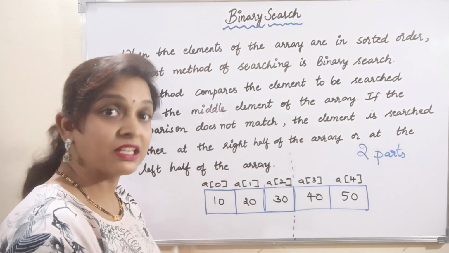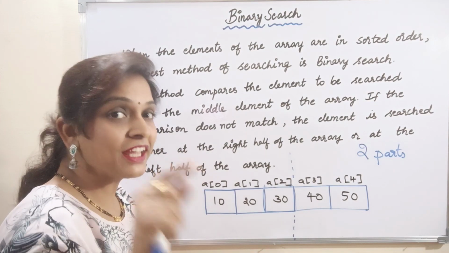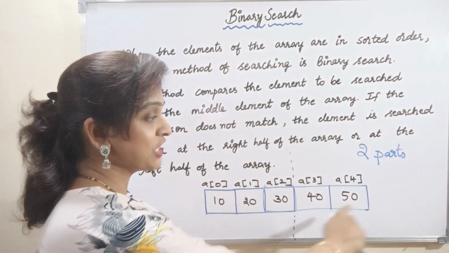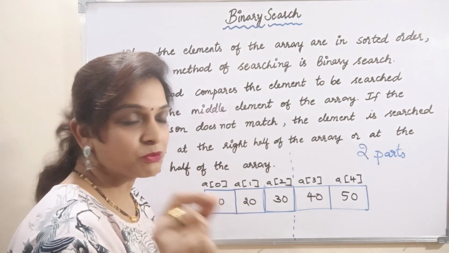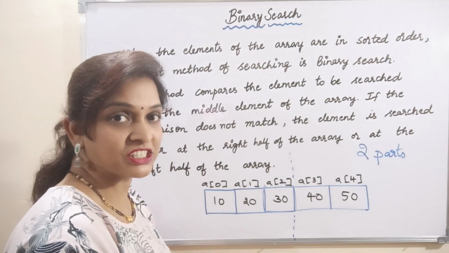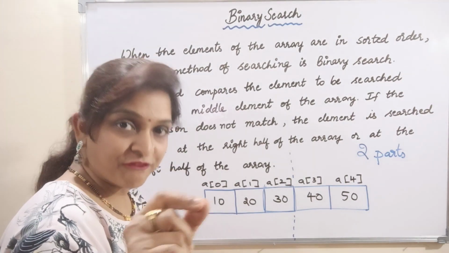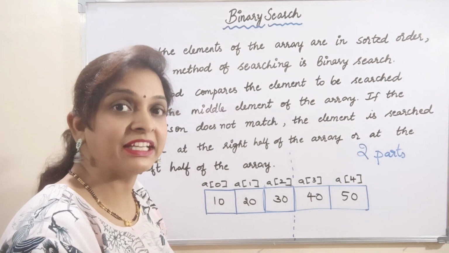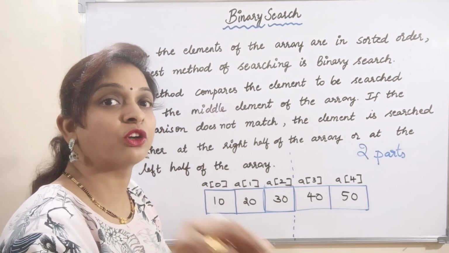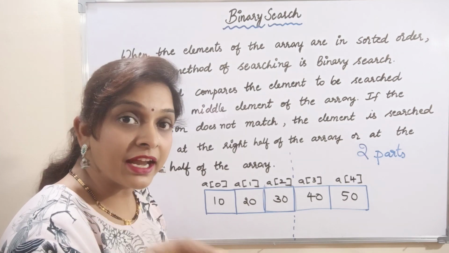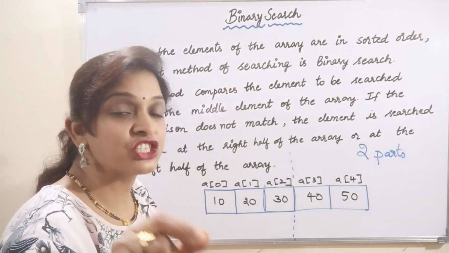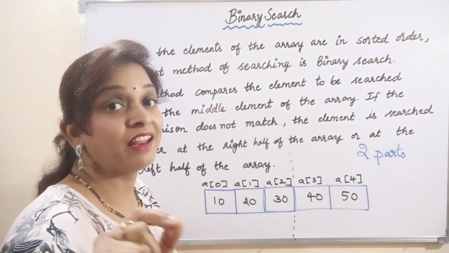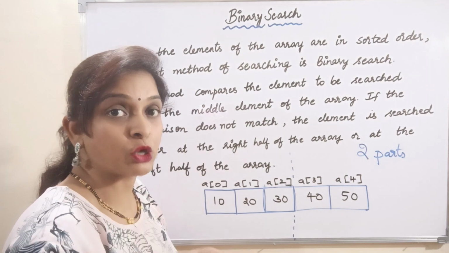How is this possible? This is possible only if the elements are arranged in sorted order. So there is one criterion for binary search. If you want to apply the binary search method, the elements must be arranged in ascending order, meaning it should be sorted.